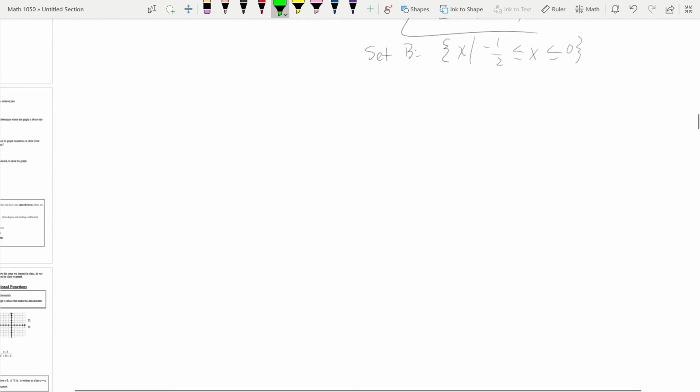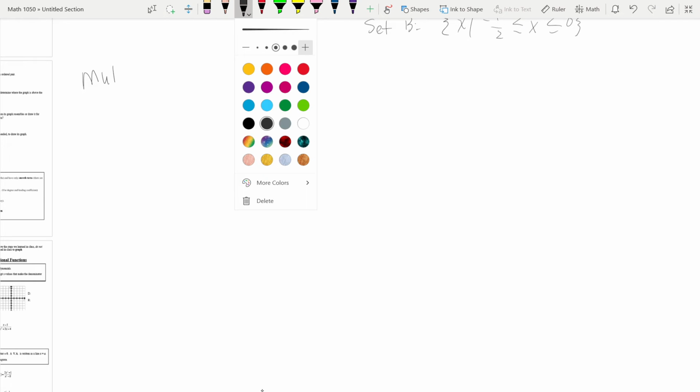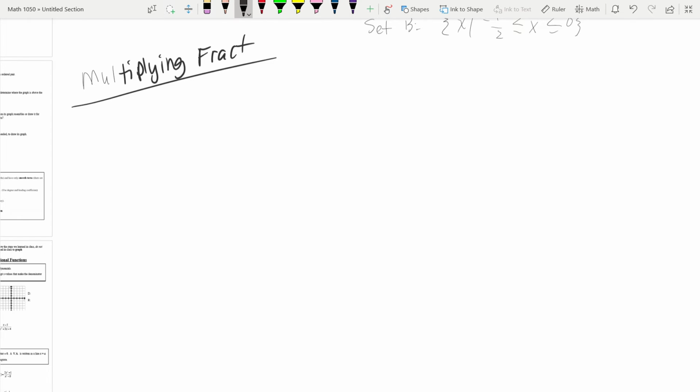Okay, some of you are struggling with fractions. So the first thing I want to talk about is multiplying fractions. Very straightforward. Look, if you have a over b multiplied by c over d, you go straight across.